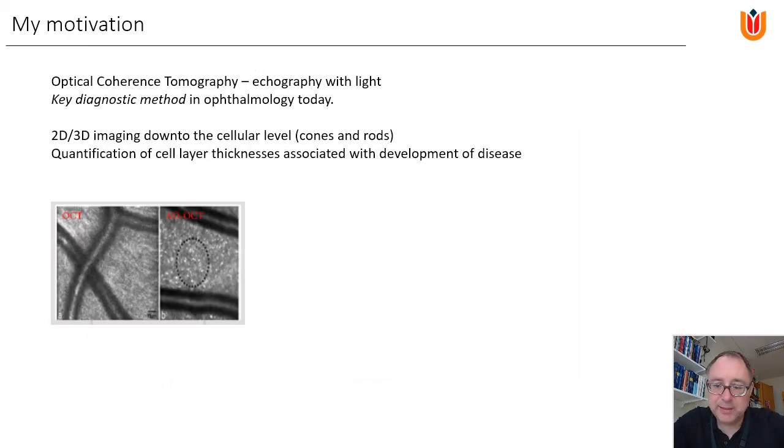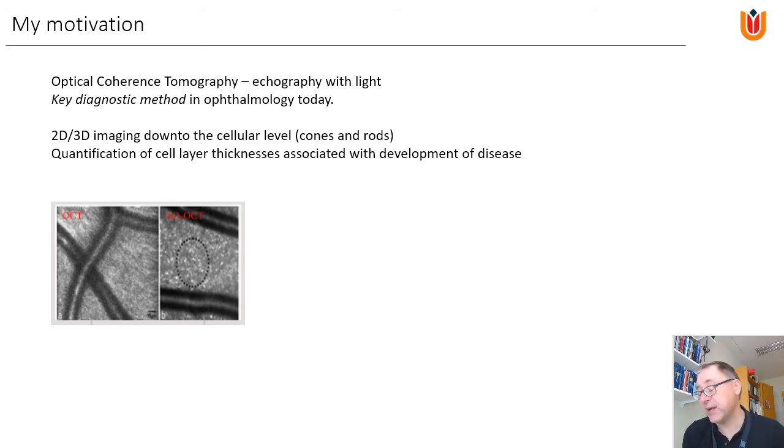But we were not entirely satisfied with this. We had the feeling that there was more information in these OCT images than just 3D pictures. One example you see here in the graph: if we can increase the resolution of OCT by, for example, using adaptive optics, which is a very neat technique where you change the focus of light using some clever techniques, you can increase the resolution down to the scale where individual rods and cones can be visualized within the retina.